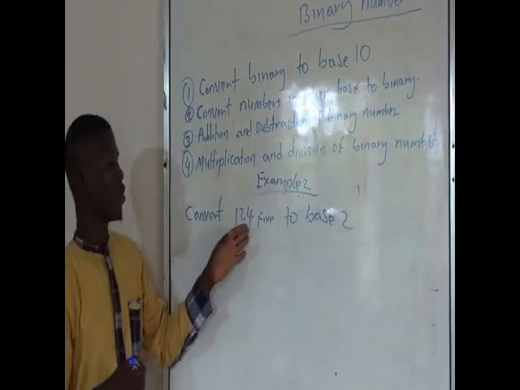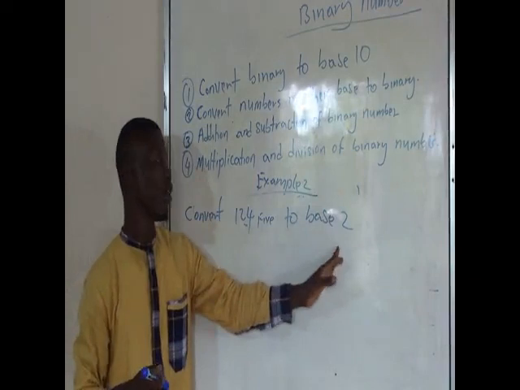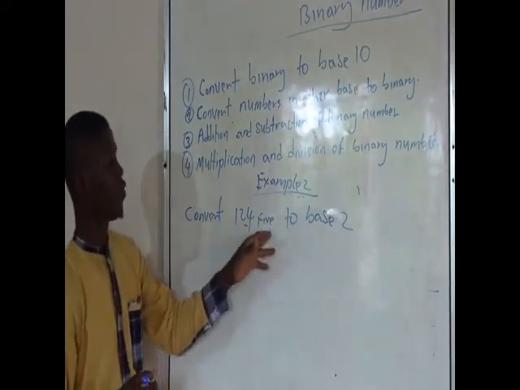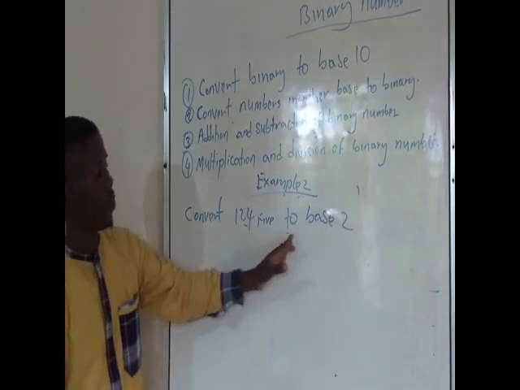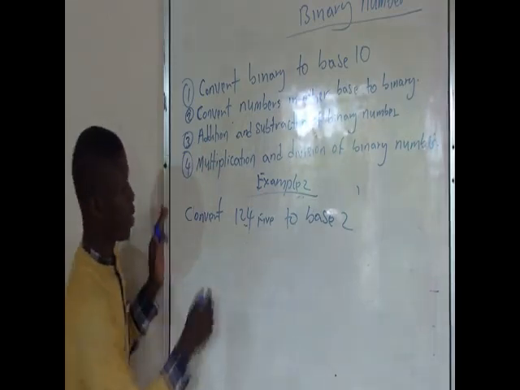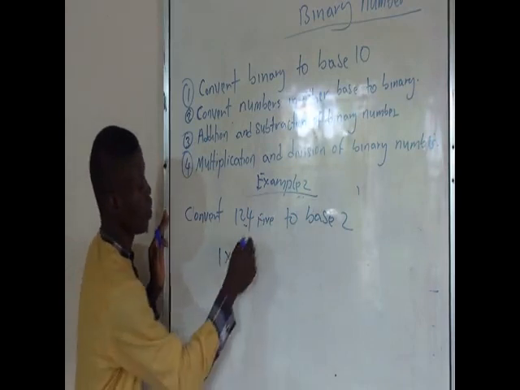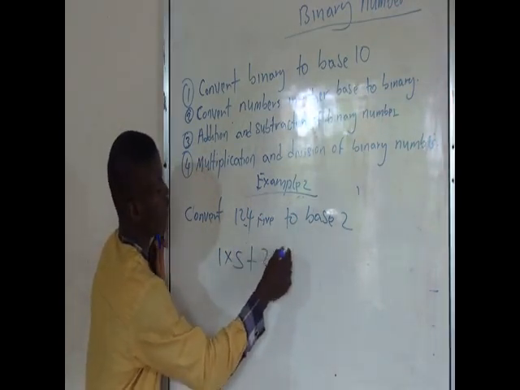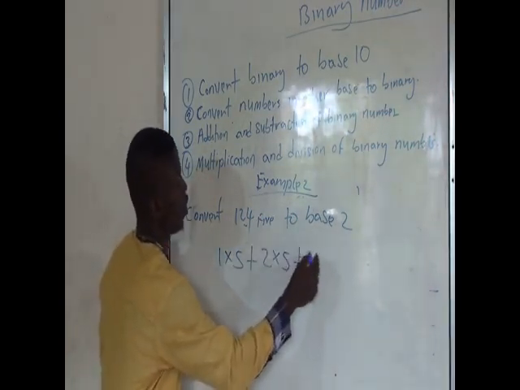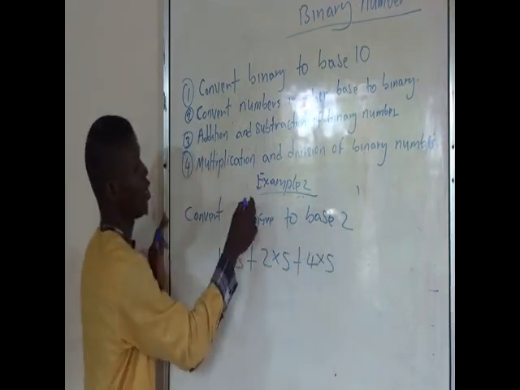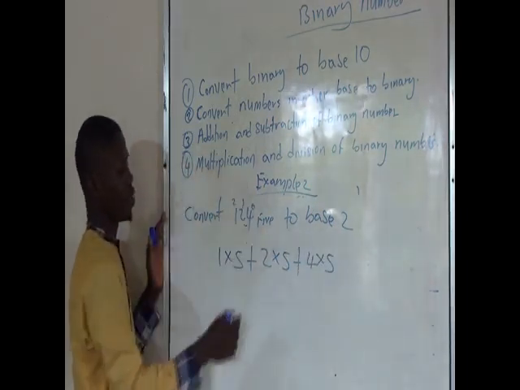Convert 124 base 5 to base 10. Firstly, you have to change this 124 base 5 to base 10. We do number 1 times 5, we times with the base, plus 2 times 5, plus 4 times 5. Remember, here is 0, 1, and 2. We put it here.